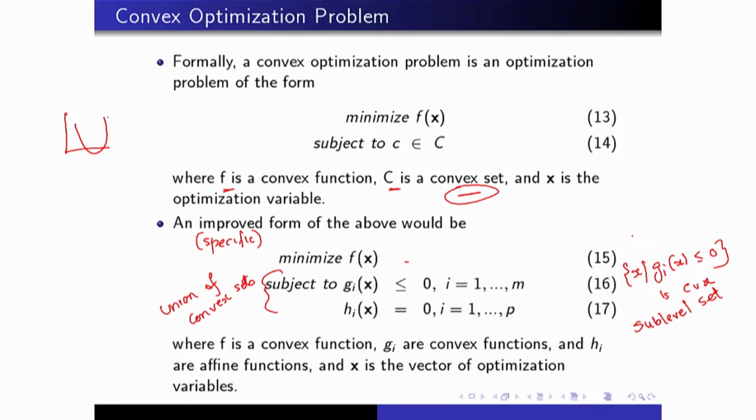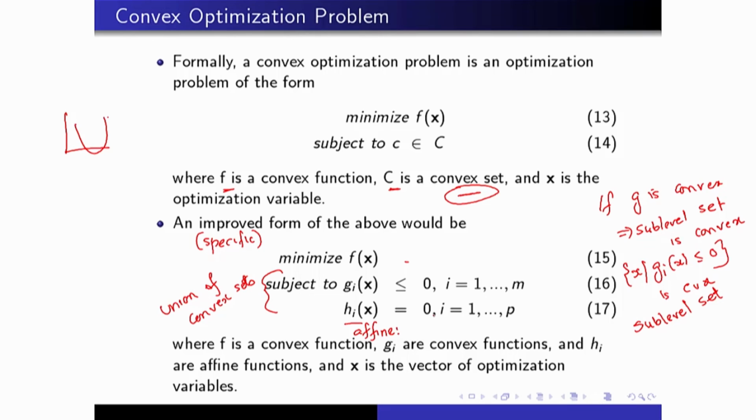So you can show that if g is a convex function, then the sub-level set is convex. This doesn't necessarily hold the other way. It isn't that if the sub-level set is convex, g must be convex, and we can easily show counterexamples. We also require the h_i to be affine.